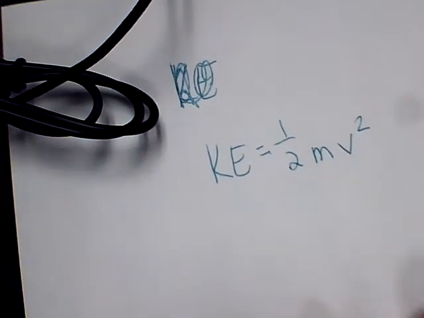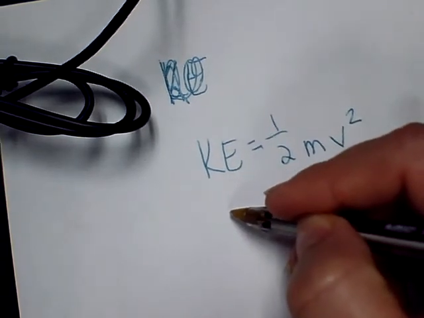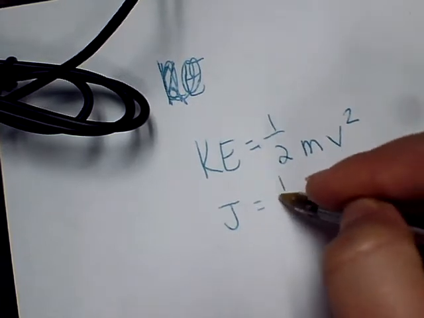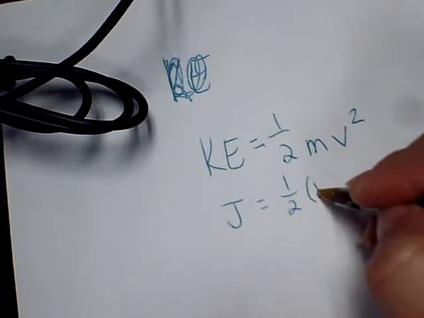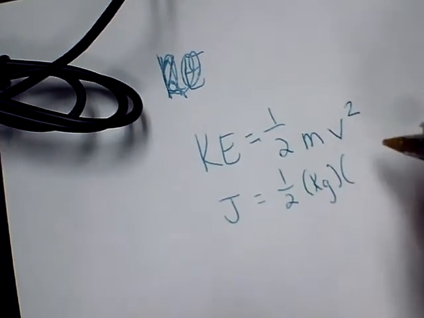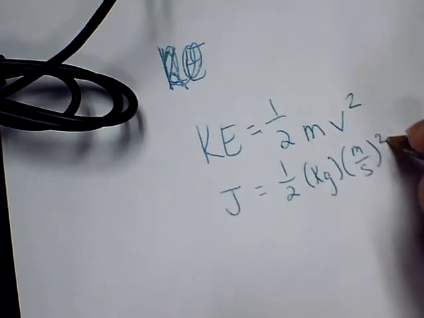It's really important that you know that kinetic energy is an energy unit, and that's going to be in joules, and I'm going to speak of it in just a second. 1/2 is just a number. Mass is going to be in kilograms times your velocity, which is measured in meters per second squared.